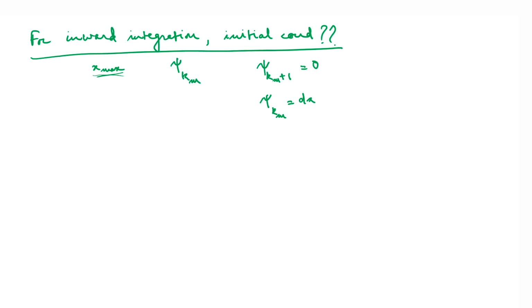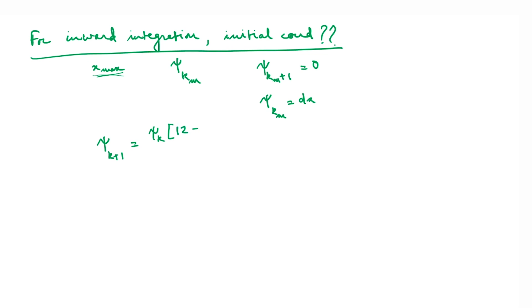Once I know that, I use this equation. Earlier, for the outward integration, we needed to know k minus 1 and k, and we went to k plus 1. Here we have to go the other way around. We know k plus 1 and k, and we need to find k minus 1. So, we need to rewrite the Numerov equation in a certain way.